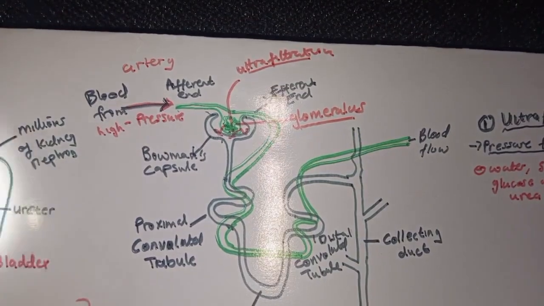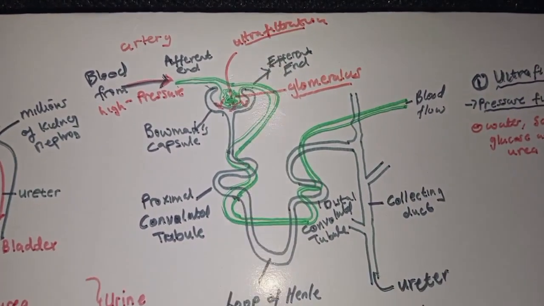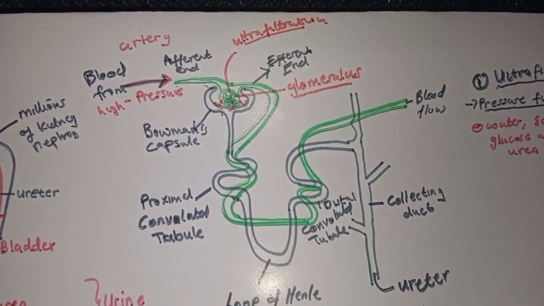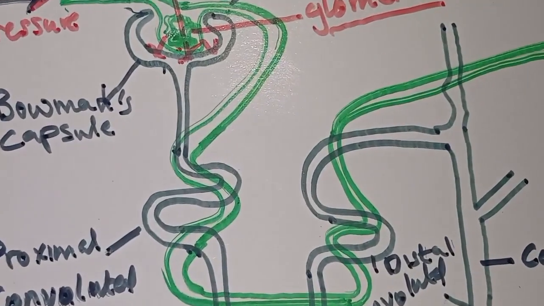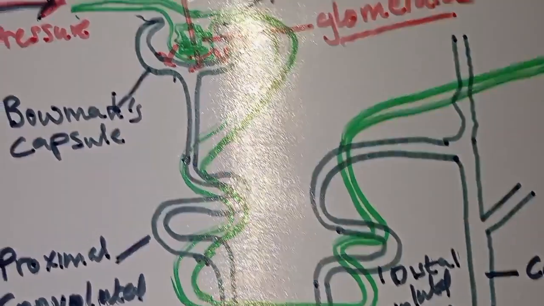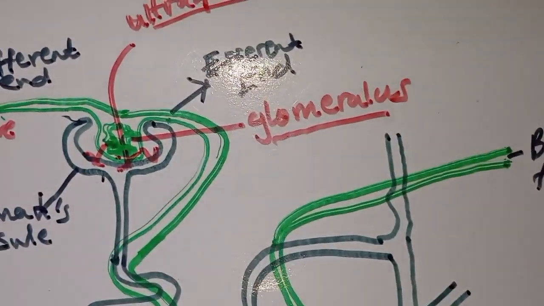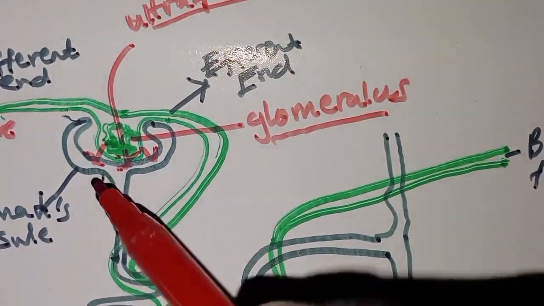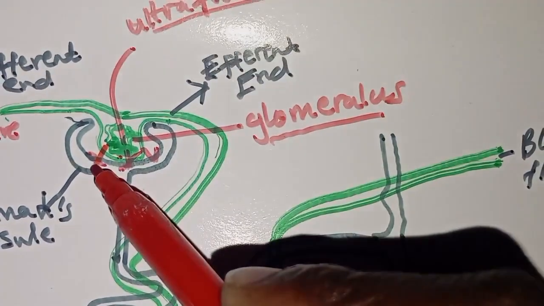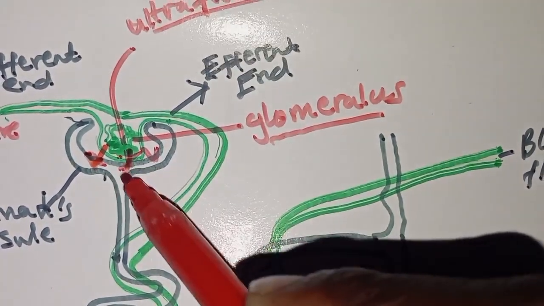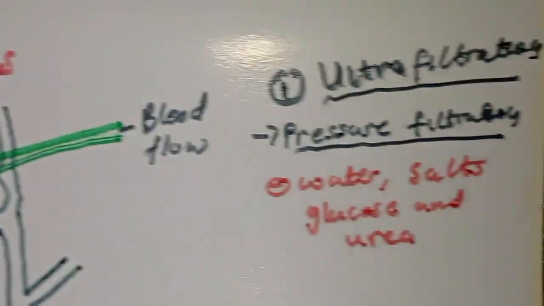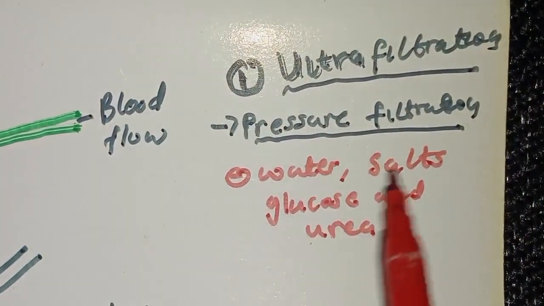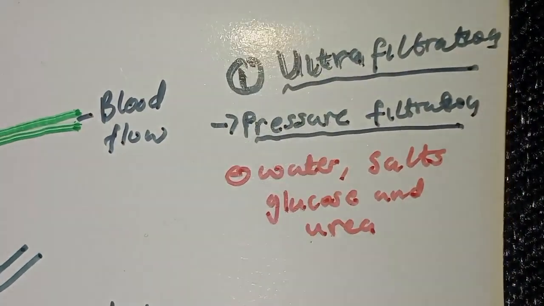Let's try to zoom in here. Okay, so you have the glomerulus here. The blood is filtered out. So these things, they come out. Which things am I talking about that are coming out? Water, salts, glucose, and urea, okay.